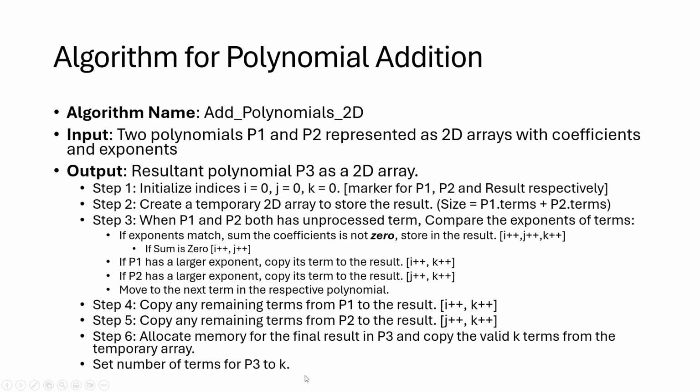And finally, we will return P3. Within your P3, there should be a terms variable. In the terms variable, you should store the value of k. So this is the algorithm for the polynomial addition.